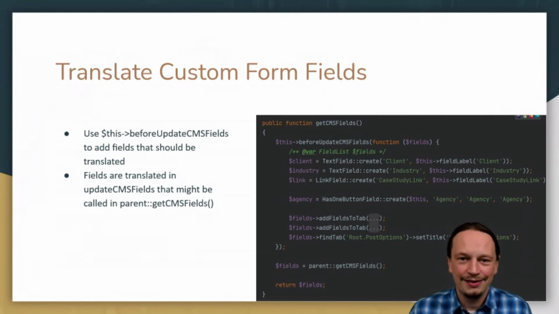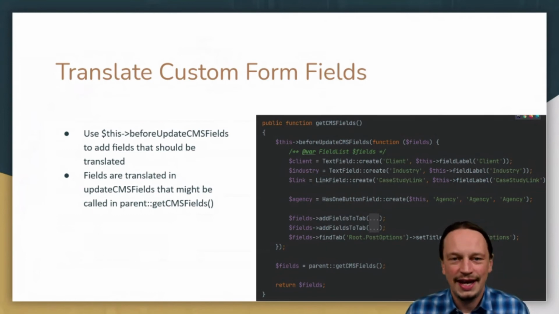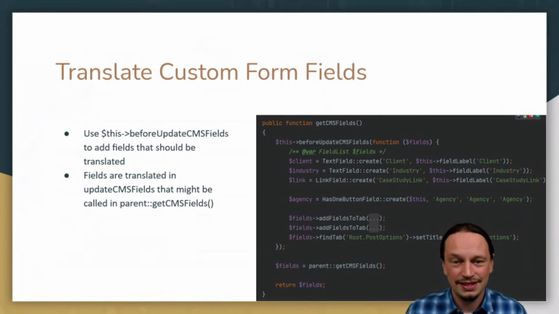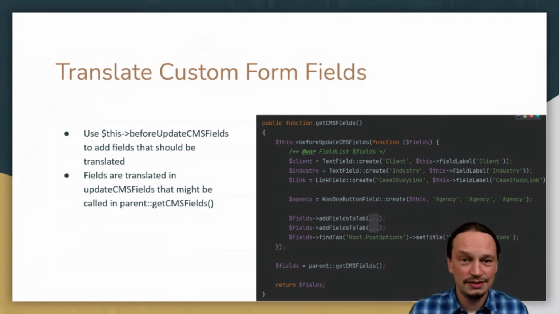Well, the Fluent extension adds all these badges and makes your fields translatable in the onAfterUpdateCMSFields hook. And this is run in parent getCMSFields actually. So after that, all the fields that are there are already translated, and your field is not translated afterwards.